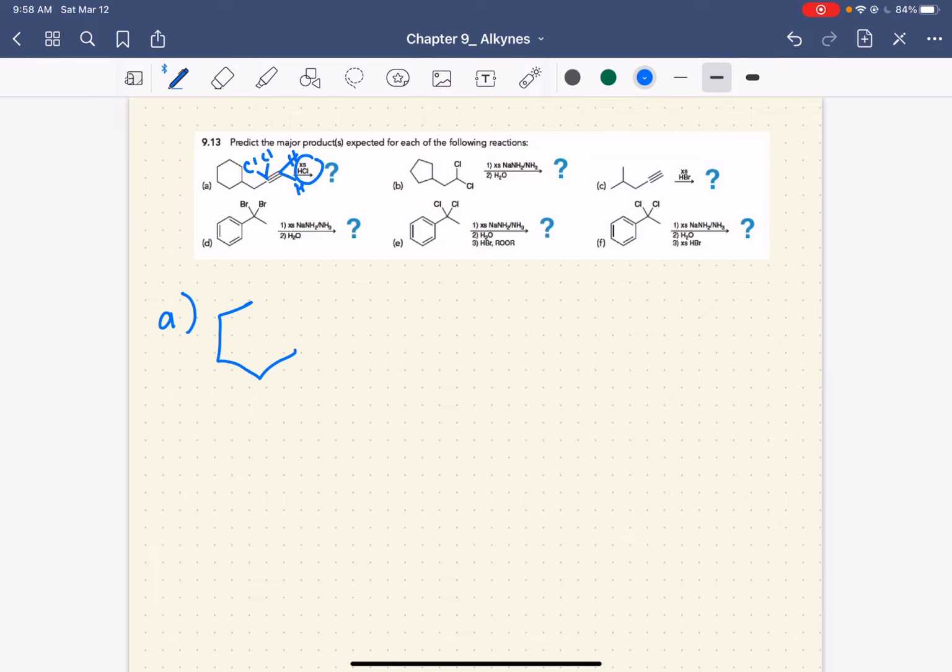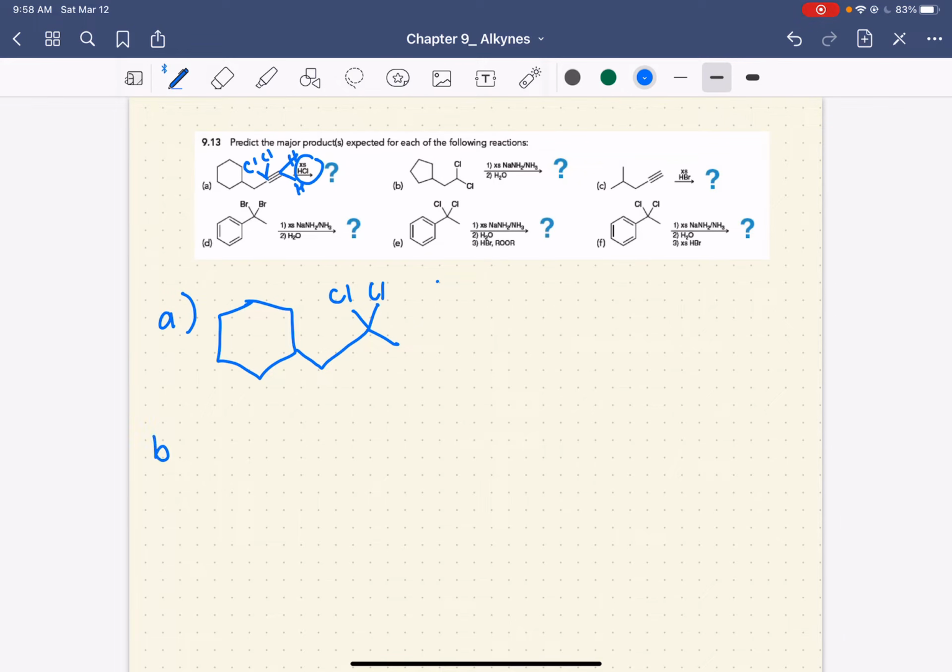What that means is our product is going to look something like this, where our halogens are being added to the more substituted side of the triple bond, and the hydrogens are going to the least substituted side, right? Because excess alkyl halide, no peroxides, results in Markovnikov addition. So the 2 chlorine atoms are installed at the more substituted secondary position rather than the less substituted primary position. Fantastic.